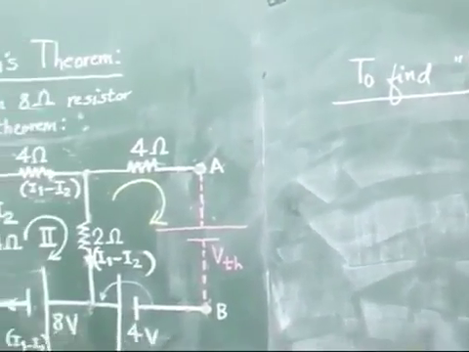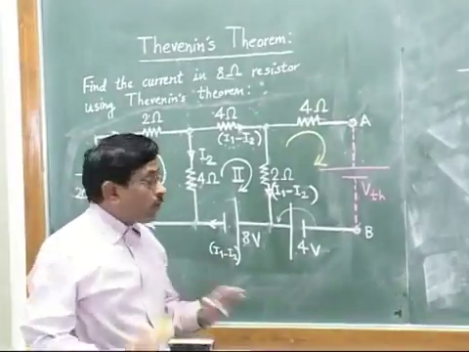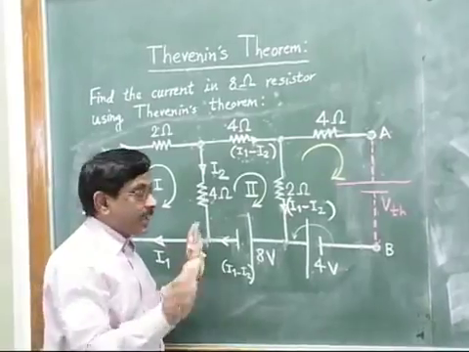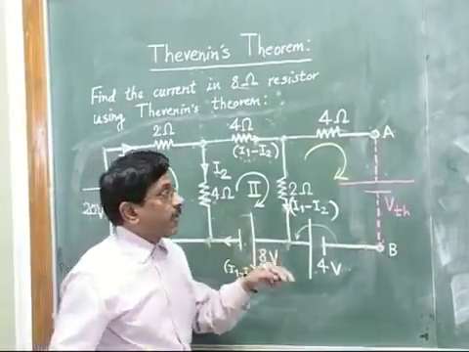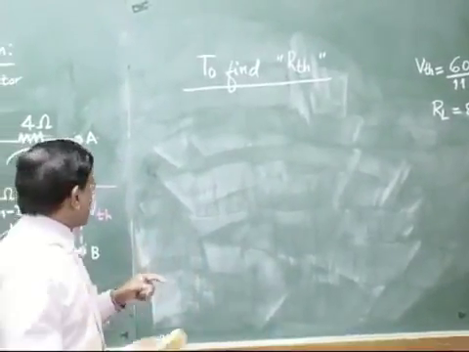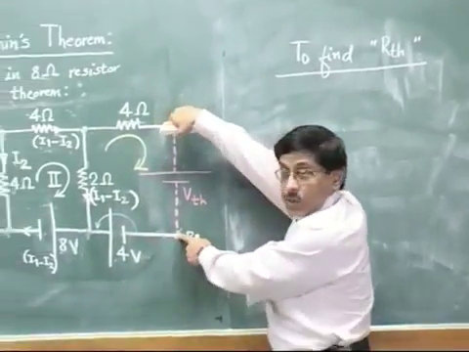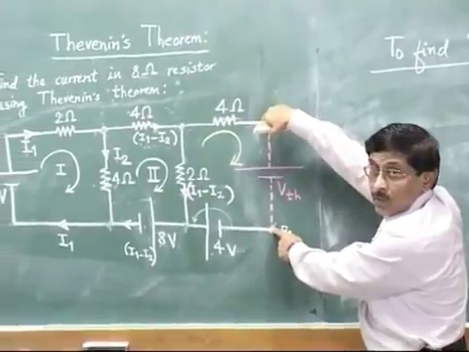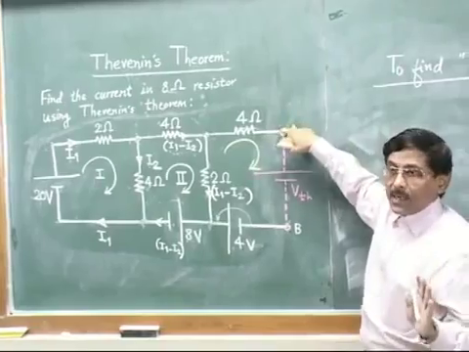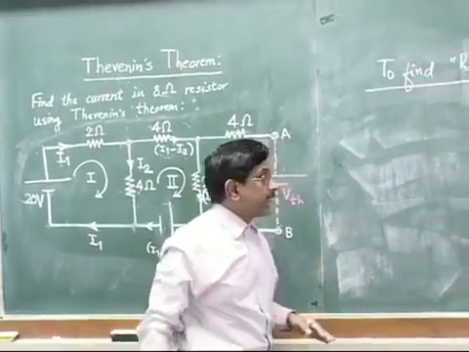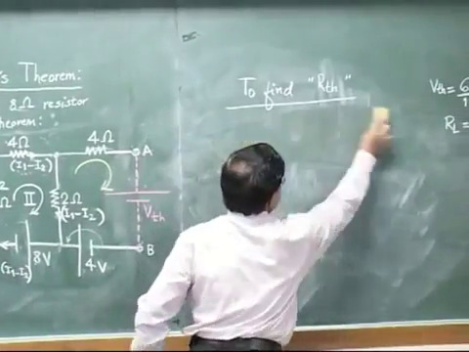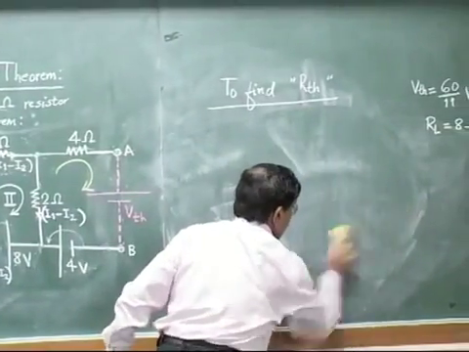Now what is to be done in step 4? In step 4 we don't want anything from all this data, any current distribution, nothing. For finding RTH, we just want the value of equivalent resistance as seen from these two terminals, and that will be just a single value. So we need a passive circuit, as I told earlier in the beginning.